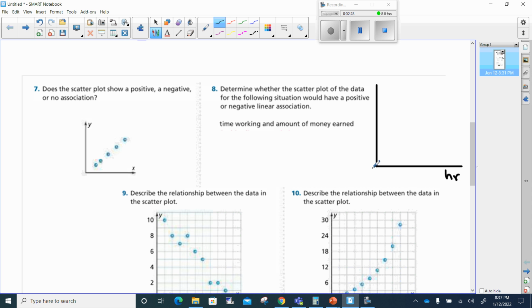Amount of money earned, so this would be money. Let's face it, the longer we work, the more money we expect to make. So this is definitely going to give me a positive linear association.